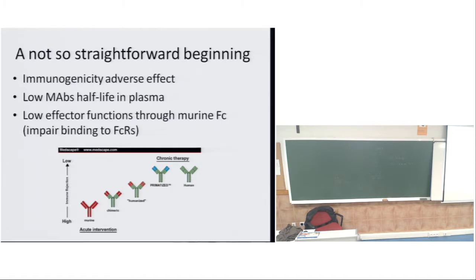So during all these years, from the discovery to the application in therapy, what researchers and pharmaceutical companies have been doing is removing the murine part, the part from the mouse, in that antibody using recombinant DNA and substituting it with human.